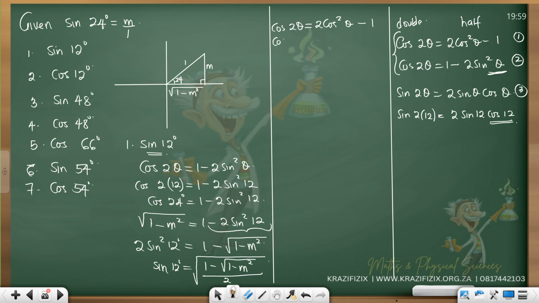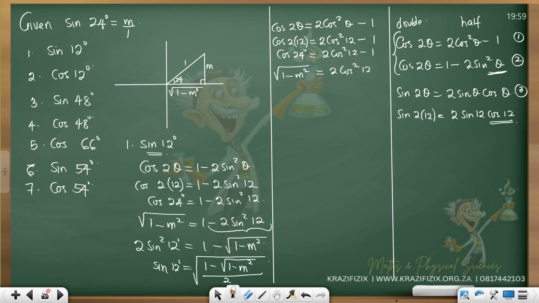Double and half angles. Now, cos 2 multiplied by 12 is 2 cos squared 12. Now you understand the whole drill. What is this? Cos 24 degrees, and that is 2 cos squared 12 minus 1. What is cos 24? 1 minus m squared.